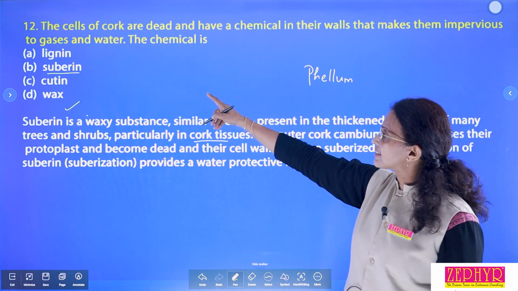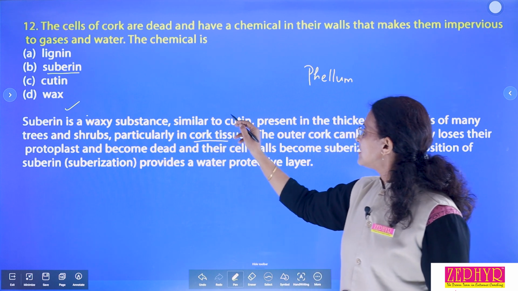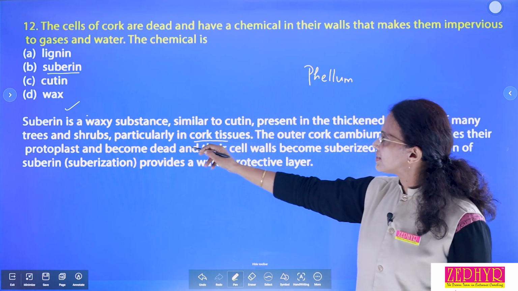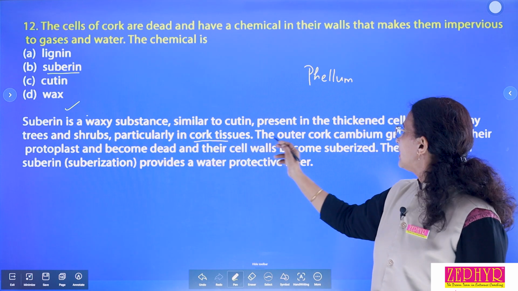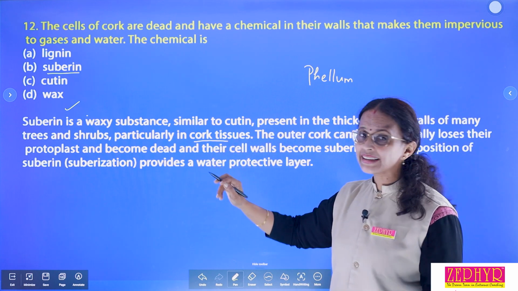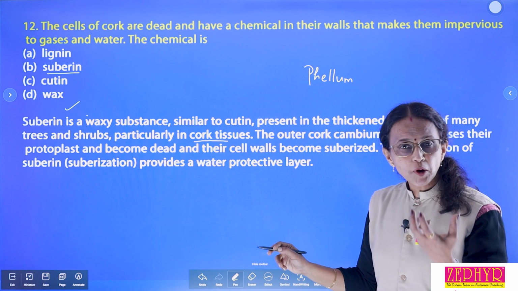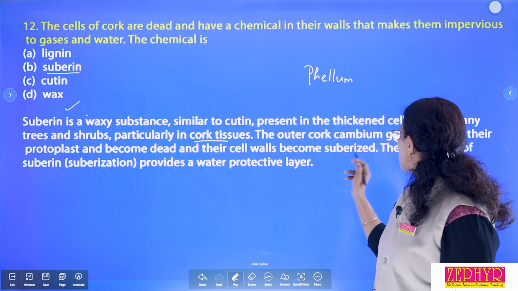Okay, the correct answer is suberin. Read: suberin is a waxy substance similar to cutin present in the thickened cell wall of many trees and shrubs, particularly in cork tissue. Cork is phellem. The outer cork cambium gradually loses the protoplast. Protoplast is the living part. Loses the protoplast means it becomes dead, and the cell wall becomes suberized.